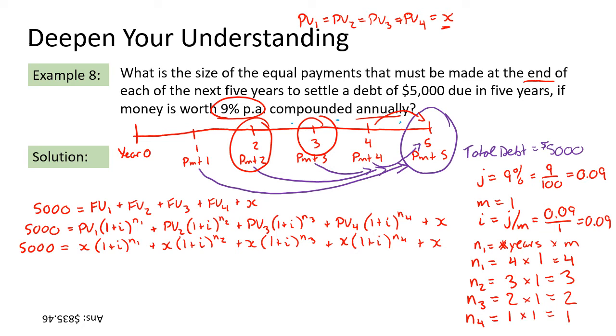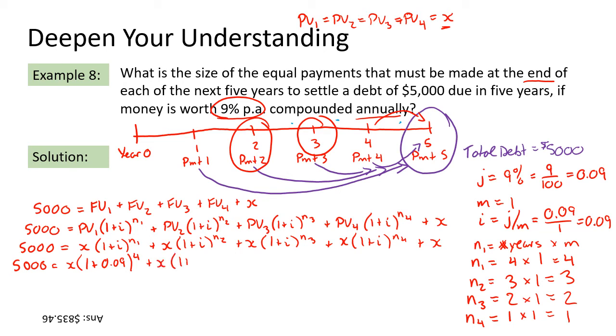So now we have all of the values, and we just need to substitute them into this formula. So it's going to look like there's a lot of numbers in this formula, but keep in mind, I'm putting it all into one formula, and then we're going to simplify it rather quickly. So we have $5,000 is equal to x times 1 plus our periodic interest rate for each payment, which is 0.09. And for n1, remember, it's the exponent 4.